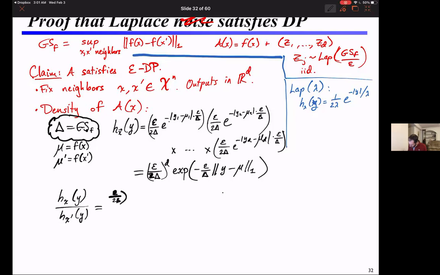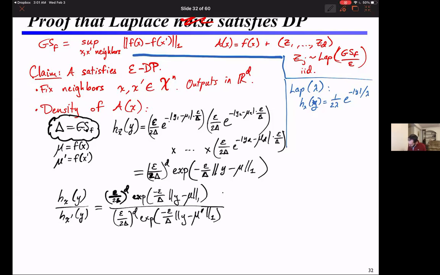So this is epsilon over 2 delta to the d times e to the minus epsilon over delta times the norm of y minus mu, over epsilon over 2 delta to the d times e to the minus epsilon over delta times the norm of y minus mu prime.